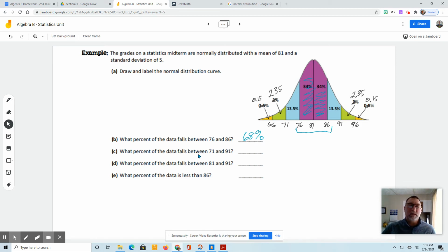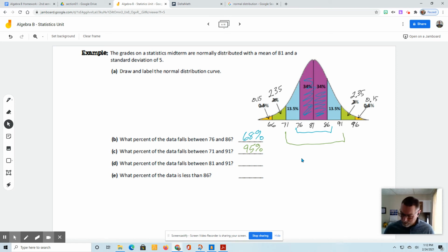Part C, what percent of the data falls between 71 and 91? So between 71 and 91, we're going from here over to here. So that's two standard deviations. So I'm adding all those up, and that is 95%. Part D, from 81 to 91.